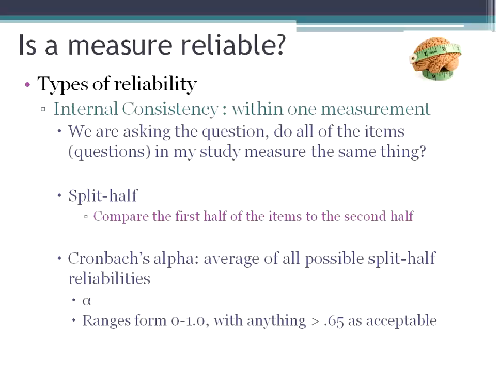0 to 1.0. Generally speaking, and it varies from discipline to discipline, but anything higher than 0.65, I believe your book says 0.7, is deemed as acceptable reliability, which means that there is some variability in how people are answering the questions, but generally speaking, if someone is scoring high on the measure, they're scoring high on all of the questions. If someone's scoring low on the measure, they're scoring relatively low on all of the questions, with some variability in between.